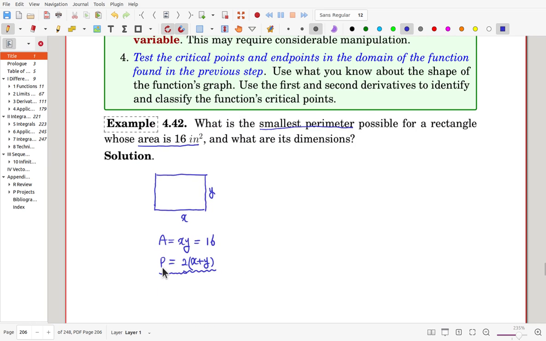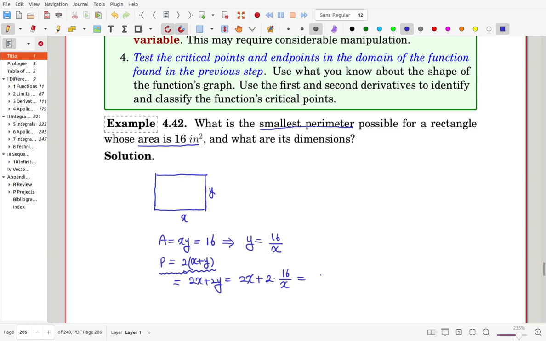But right now, perimeter is a function of two variables. Now by using this one, you can change it. And from this one, now y can be written there's a 16 over x. So here, the perimeter is same as 2x plus 2y, and so that now there's a 2x plus 2 times y is 16 over x.